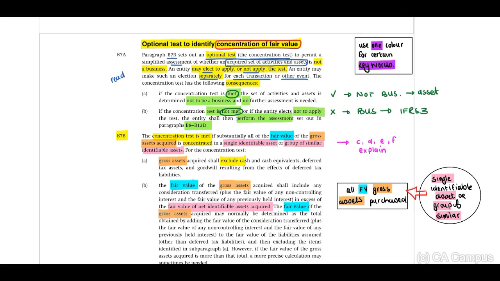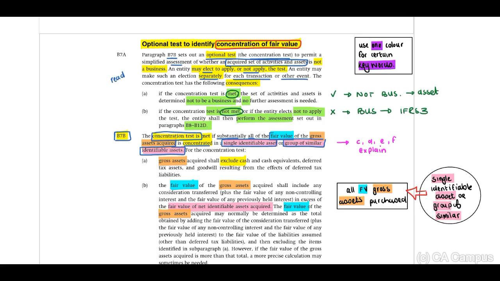Now, B7B indicates to us what the concentration test is. The concentration test is met if substantially all of the fair value of the gross assets acquired is concentrated in a single identifiable asset or a group of similar identifiable assets.